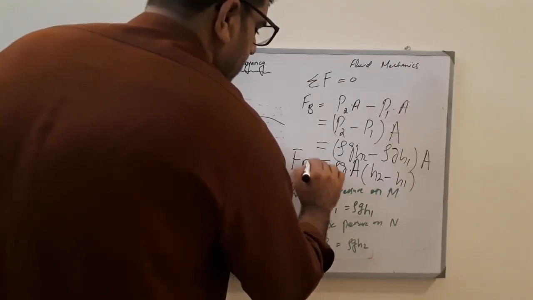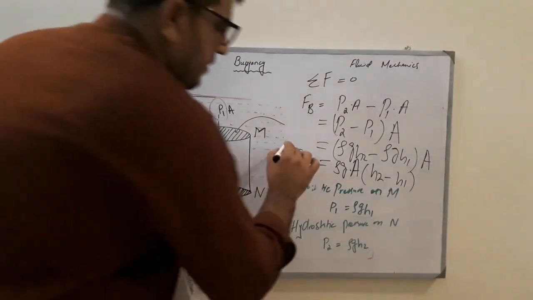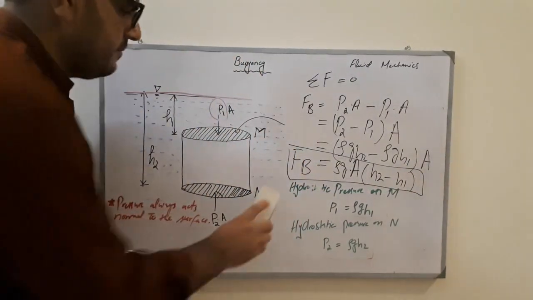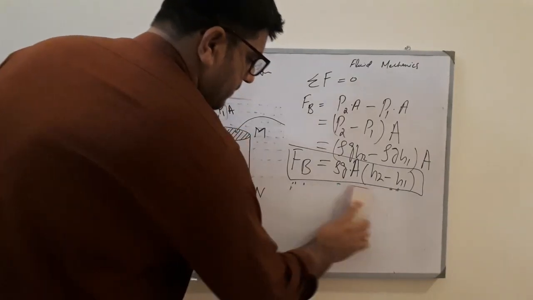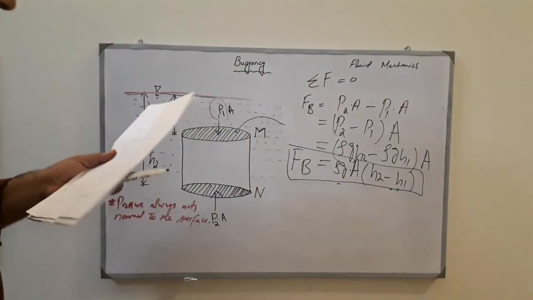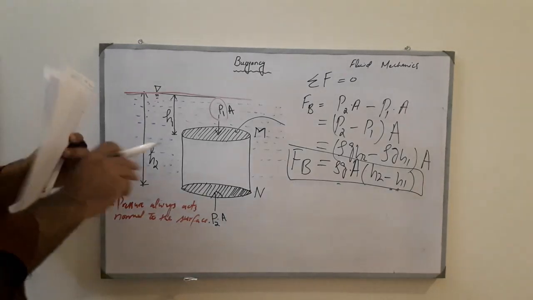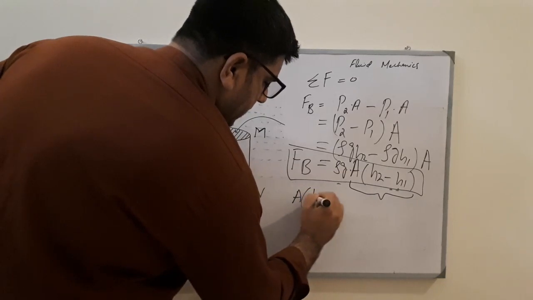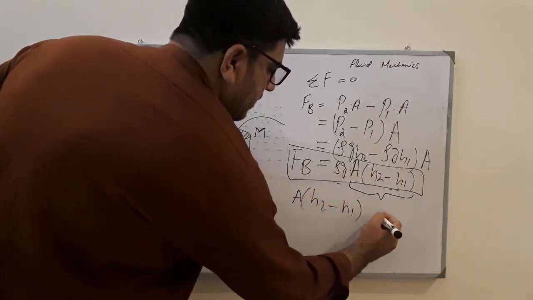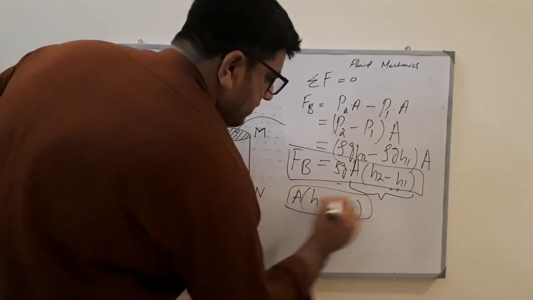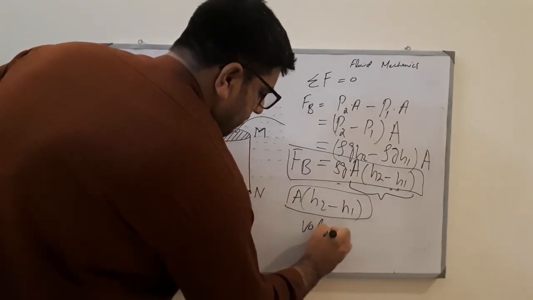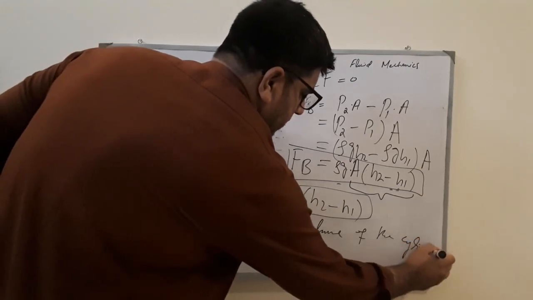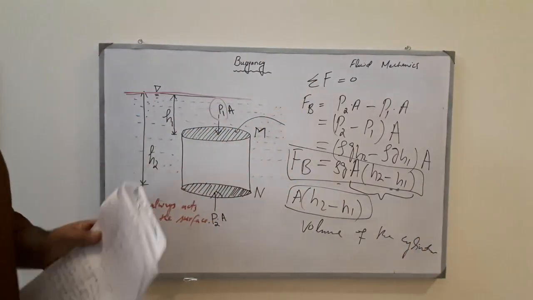So this is your buoyant force. Now you will notice that this term, A into h2 minus h1, is the volume of the cylindrical element that we have considered.